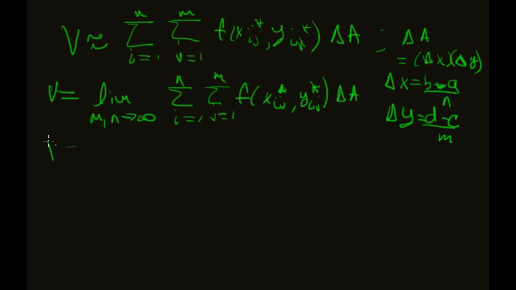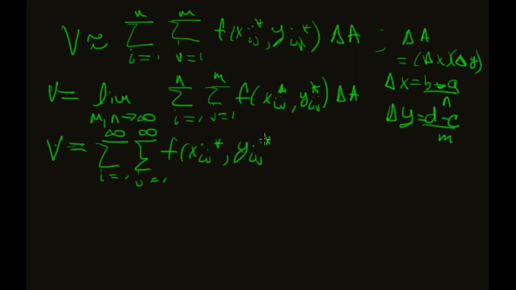So we know that by using that, I can change my notation into infinite series. So that's i equals 1 to infinity, j equals 1 to infinity of f of x_ij star, y_ij star.